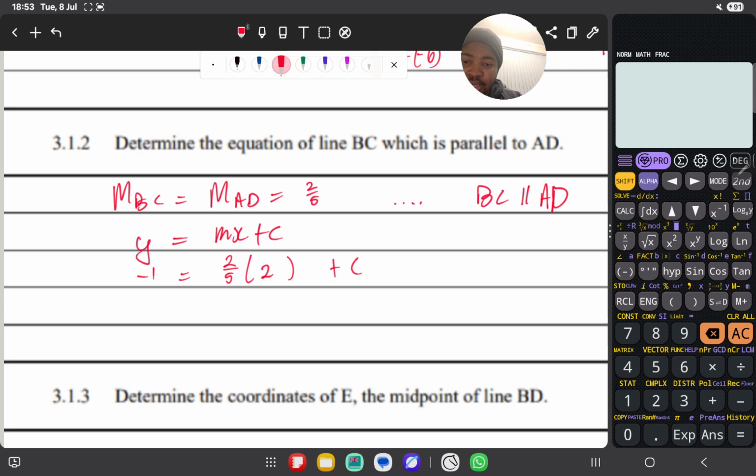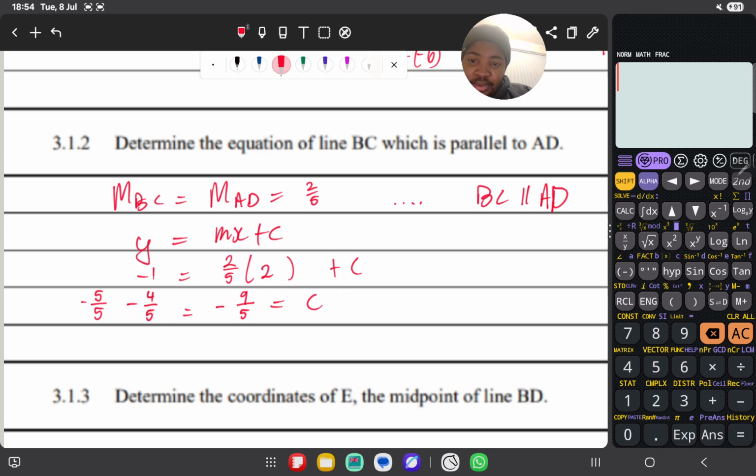All of this I'm going to have to transpose to that side. So I have negative 5 over 5, with denominator 5, and here I'm going to have minus 4 over 5, because this is positive. We transpose to that side, it becomes negative, and this whole thing is minus 9 over 5, which equals c.